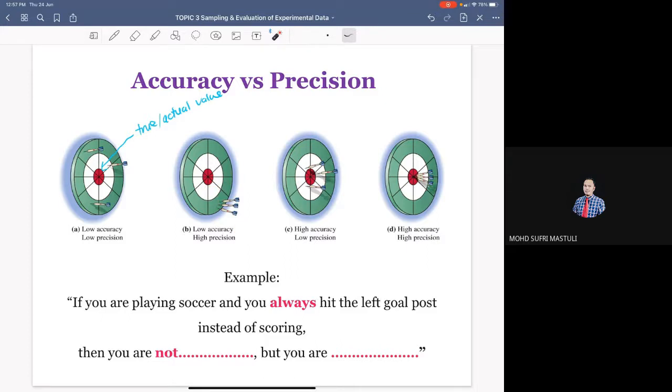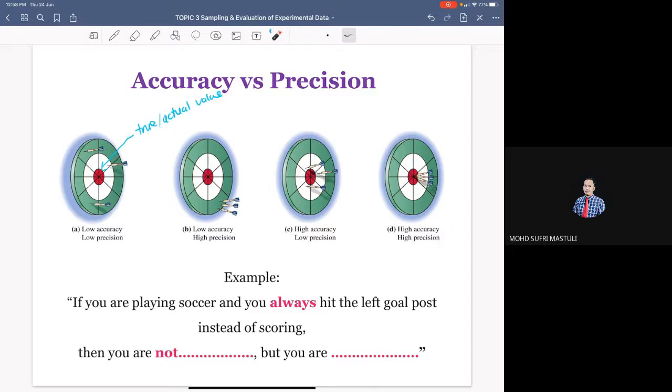If your data is around the actual value but located far from one another, it means low precision but high accuracy. The last scenario, all the data analysis come together on the actual value, so it indicates high accuracy, high precision.